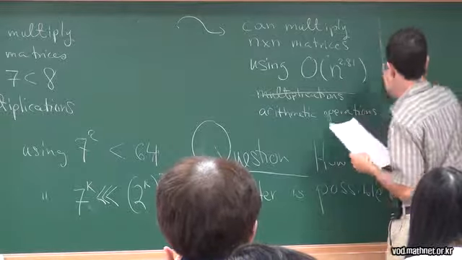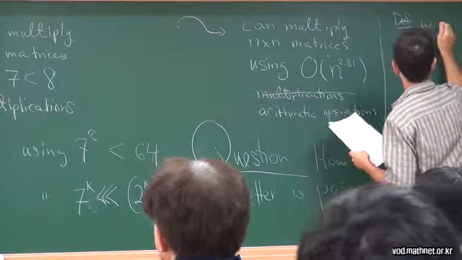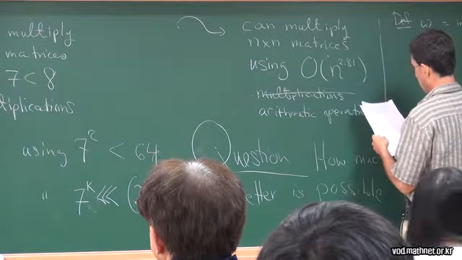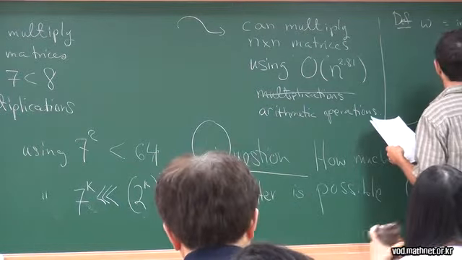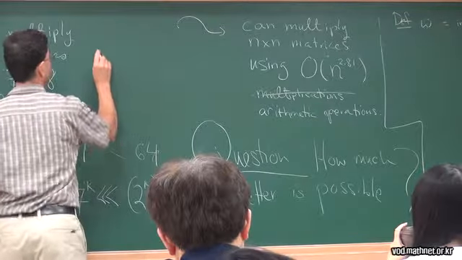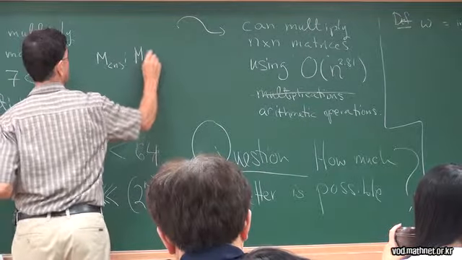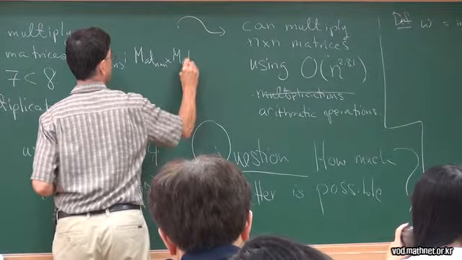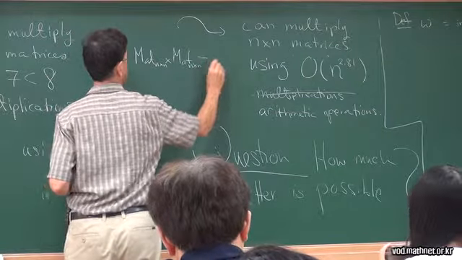Let's write Mn for the thing that eats an n by n matrix, eats a second n by n matrix, and multiplies them.